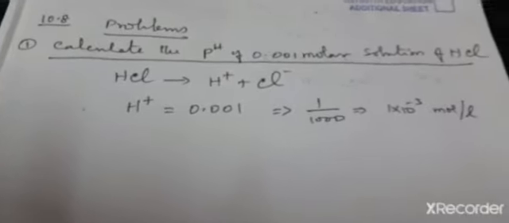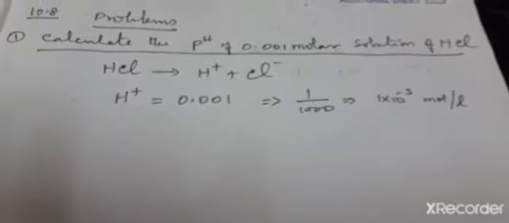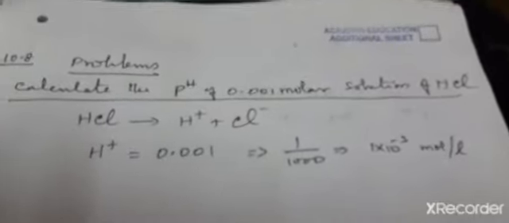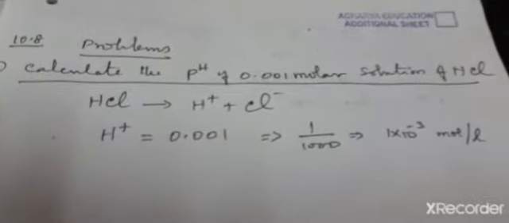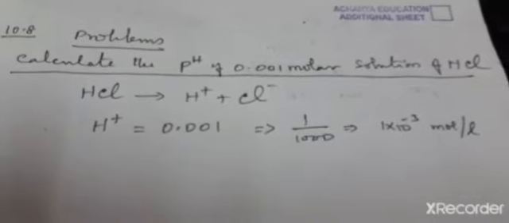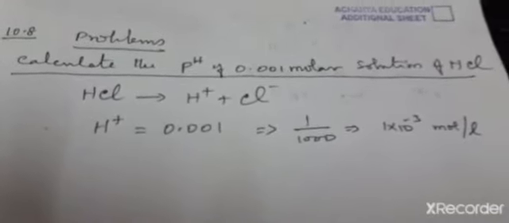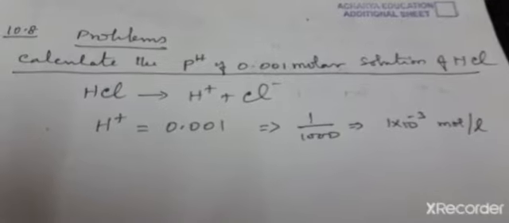Yes, my dear students, now we are going to study pH calculation, textbook 10.8 problems. Solved examples are there. Calculate the pH of 0.01 molar solution of HCl. HCl is an acid, hydrochloric acid.